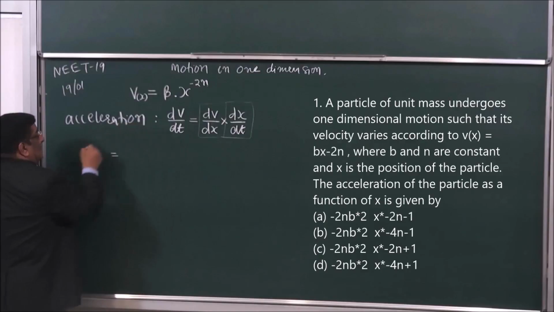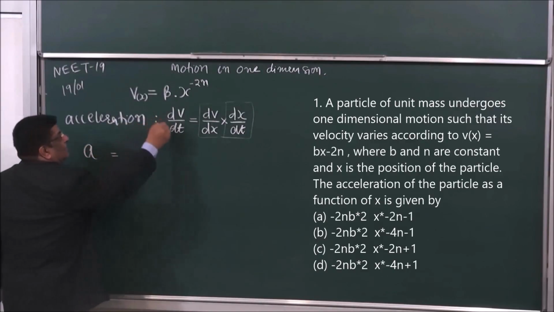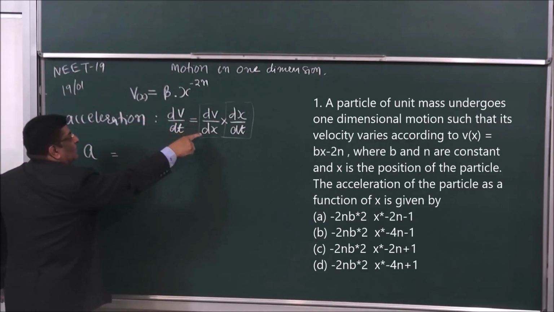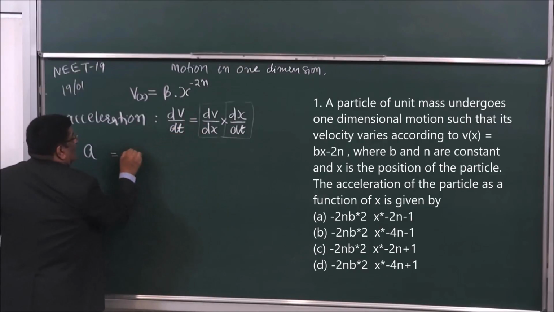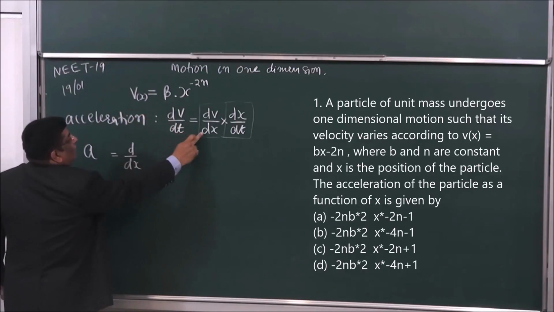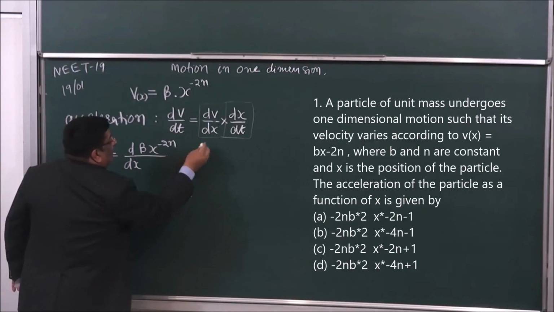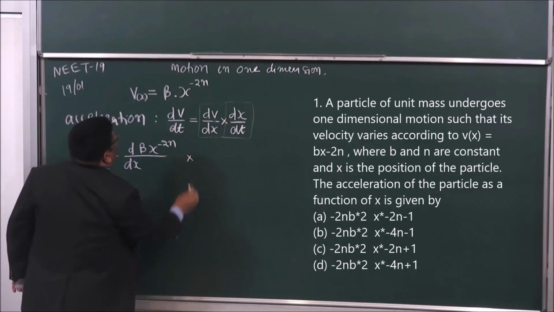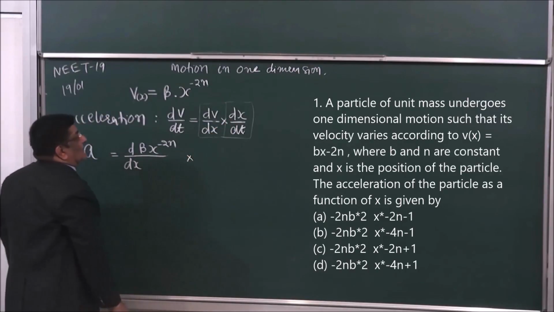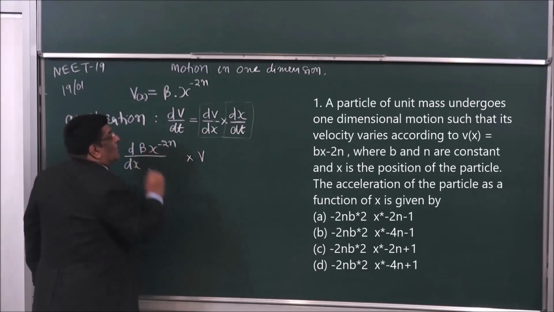So acceleration a, which is equal to dv by dt, is equal to dv by dx into dx by dt. dv by dx, that is d by dx of v. And what is v equal to? Beta x to the power minus 2n. This is to be multiplied with dx by dt, and we know that dx by dt is v.